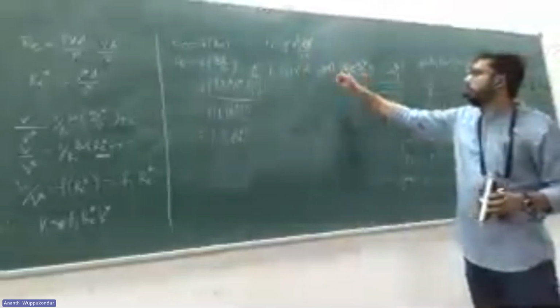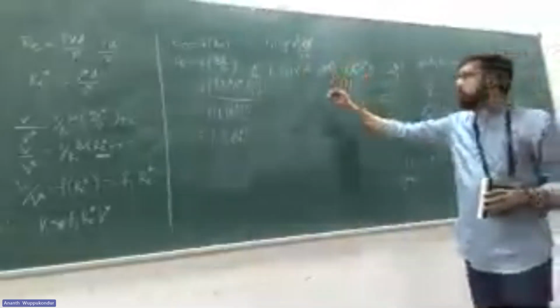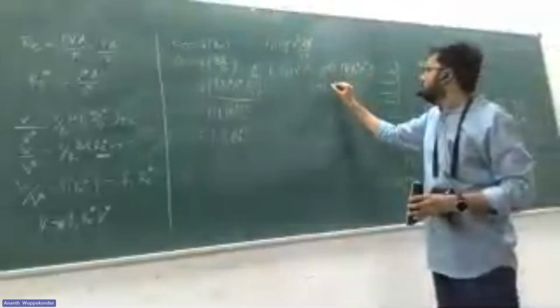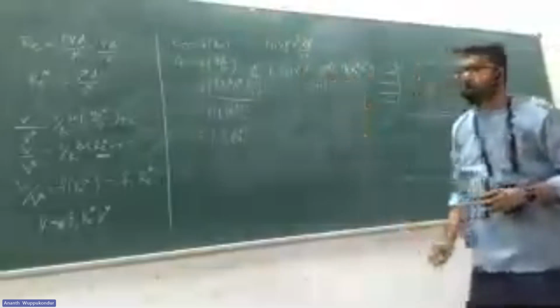Now I will divide by rho and multiply by rho. So this would be the specific gravity.